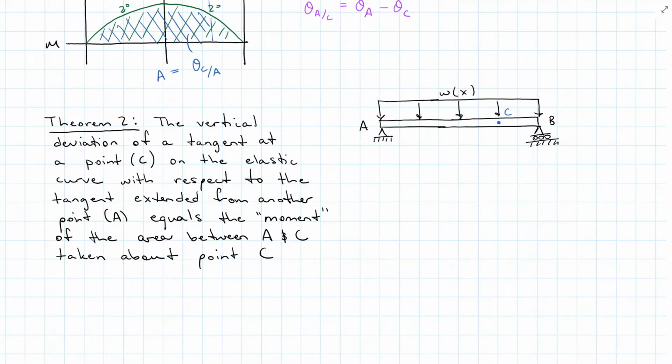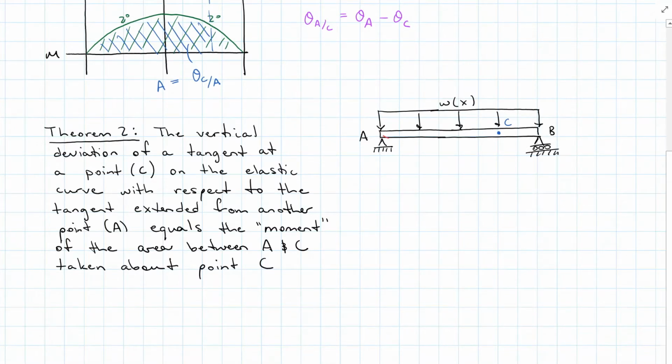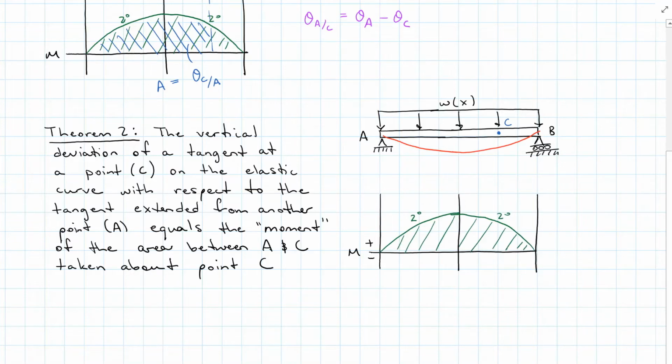So again, back to our simply supported beam that is going to have an elastic curve there and a moment diagram there. It says we can find this vertical deviation of the tangent line drawn at C. So I'm going to draw a very small one here because we don't need that tangent line too big.